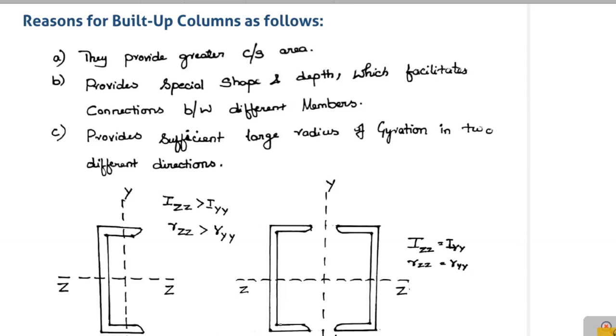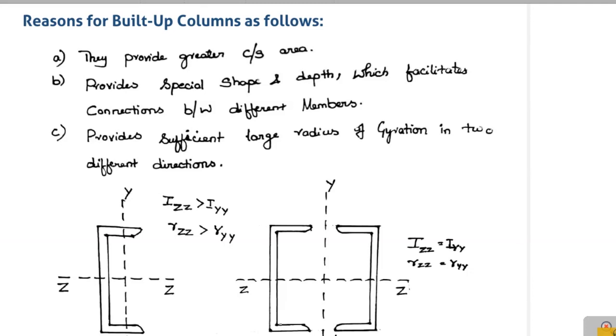Instead of going for a larger cross-sectional area, if cross-section is important, you can achieve that increase in cross-sectional area by joining two individual members. But you have to understand that sometimes it may not be economical. You have to balance that.